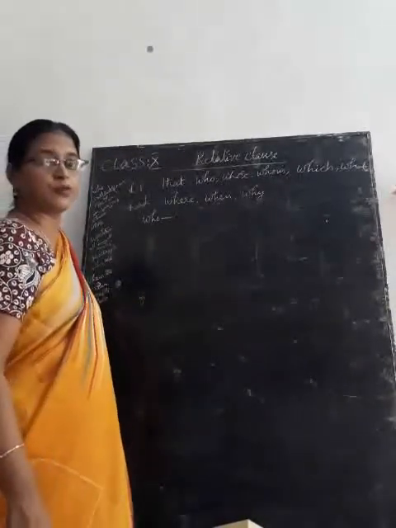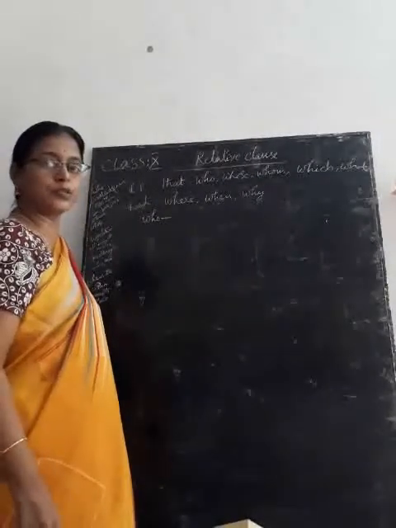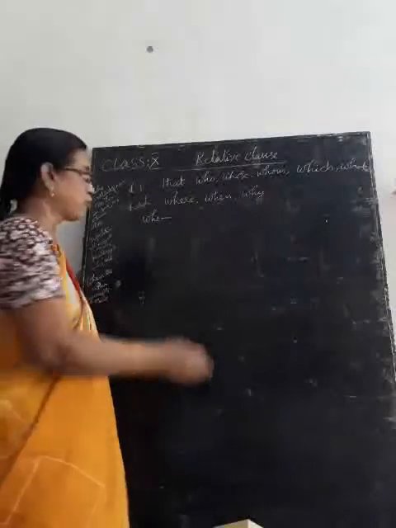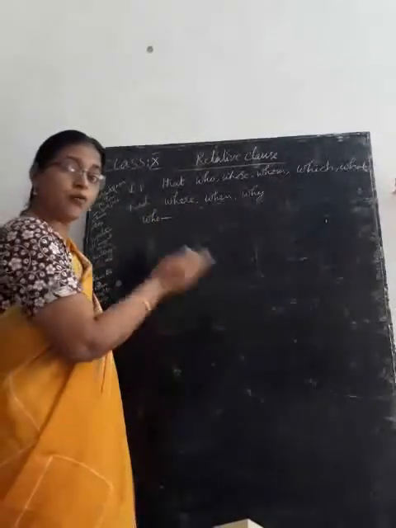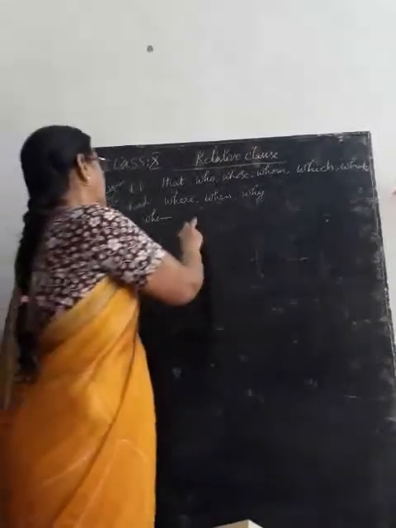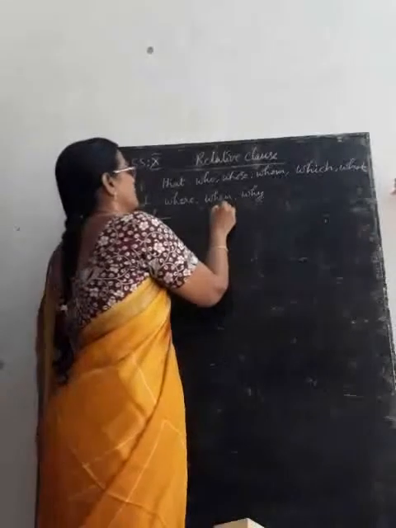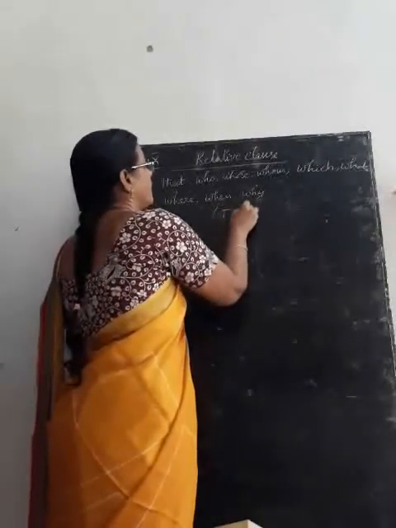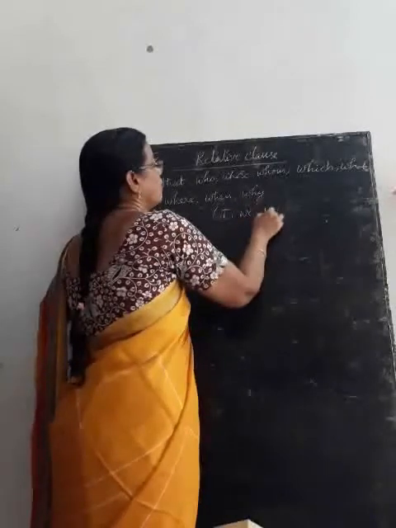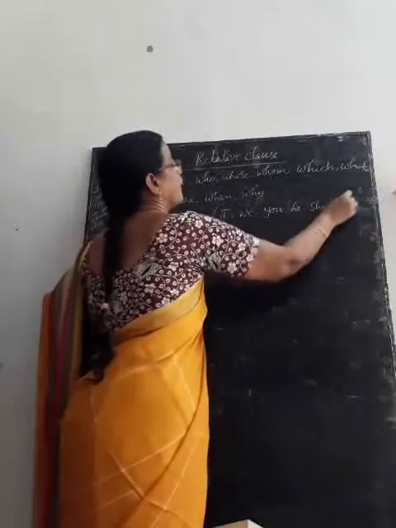So relative pronoun who is used instead of noun or pronoun in subject position. In what kind of sentences do we have to use who? Who is used instead of noun or pronoun in a subject position. That means here, see, I, we, you, he, she, they.